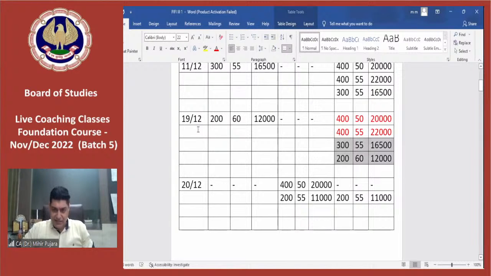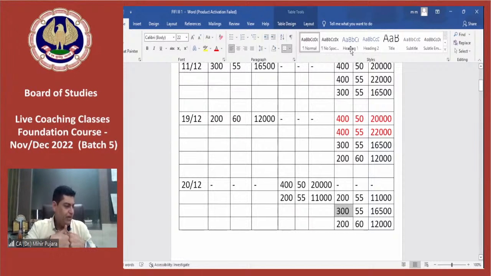So I can simply copy and paste. So guys, this is the FIFO method that we are doing. I hope it is clear. So from the first 400, it is issued completely.